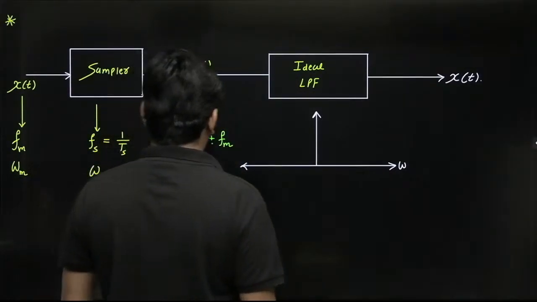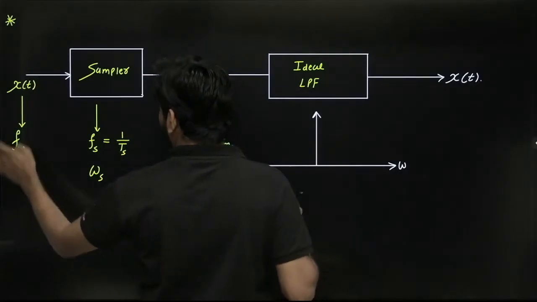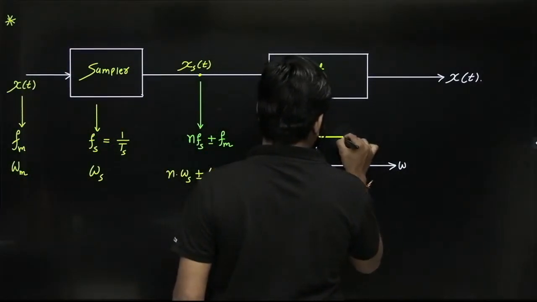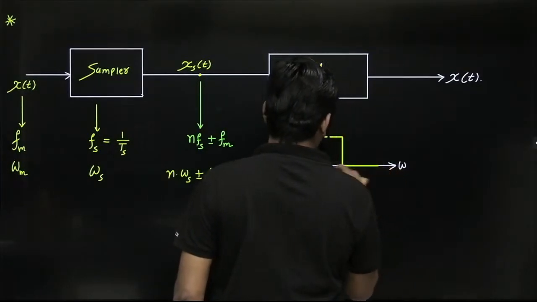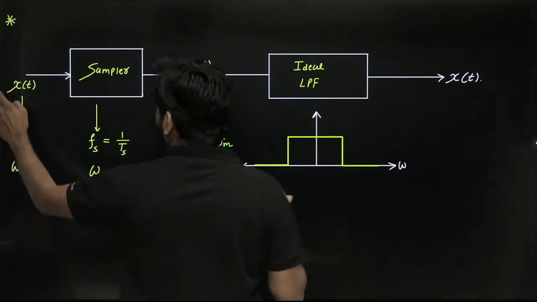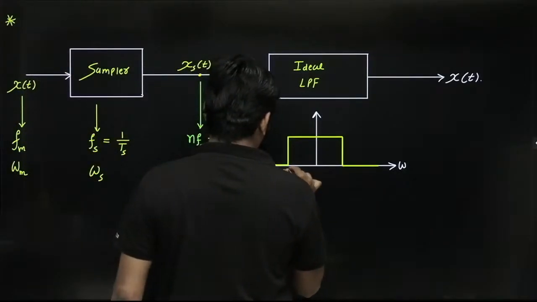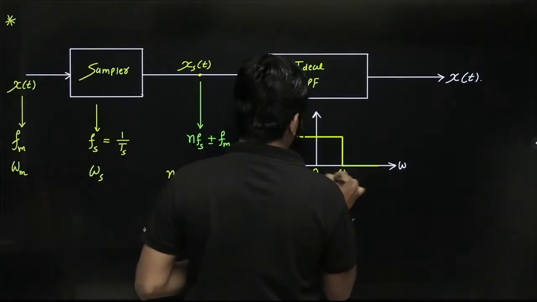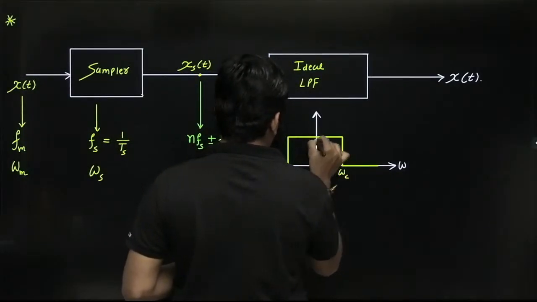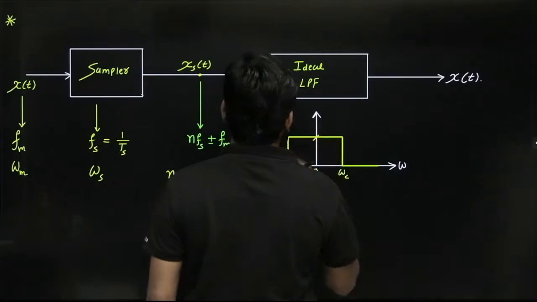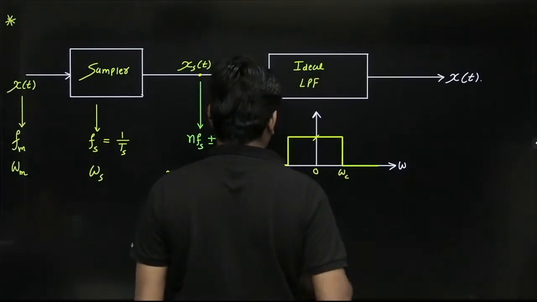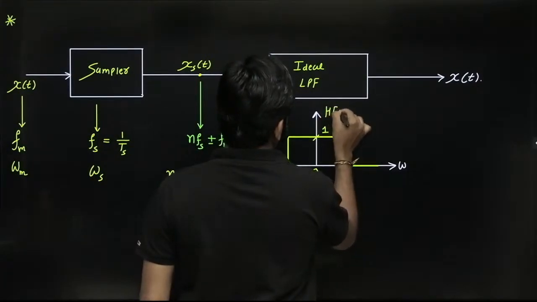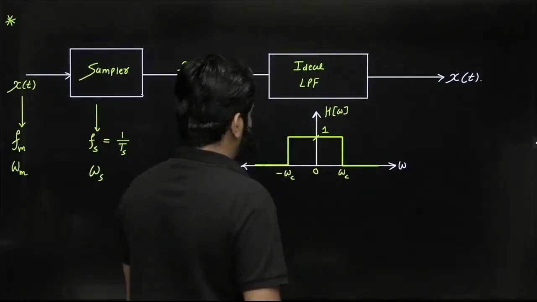And the frequency response for this filter has cutoff frequency omega c and minus omega c. Here the magnitude is 1. So this is the magnitude response of the low pass filter.